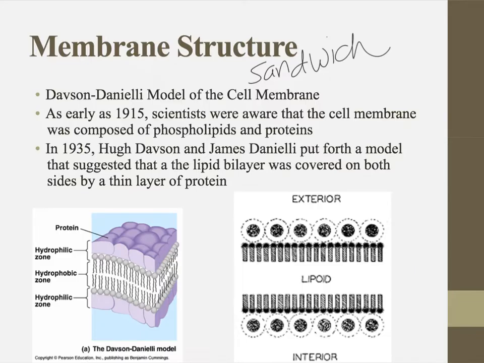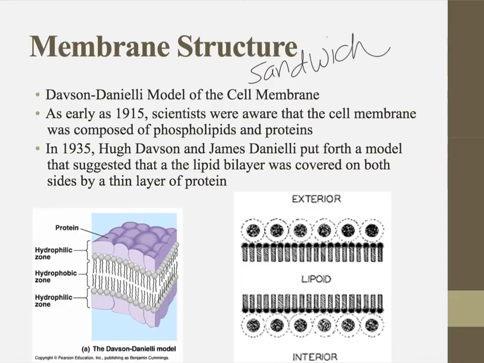So we think that the phospholipids are on the inside and on the outside, and facing out of the cell and inside the cell are our protein layers. So again, we're looking at a transect of the cell. Here's the outside, here would be the inside. Here's a transect or a cross-section of the cell membrane.